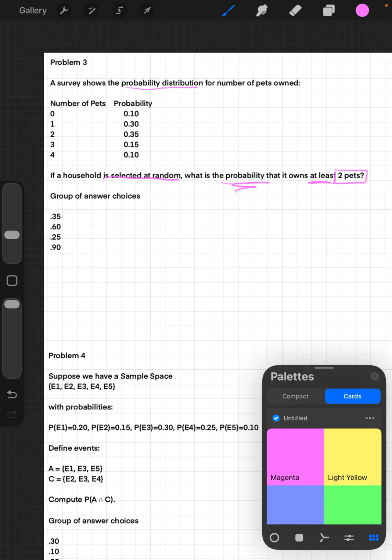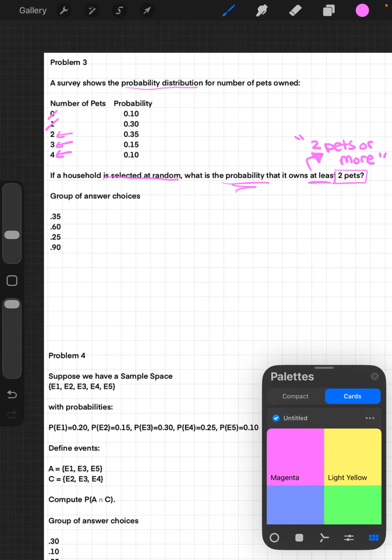So for at least, it means 2 pets or more. That's what that means. So if we look at it, we can't use 1 or 2 because that's less than. So we have 2, 3, and 4.